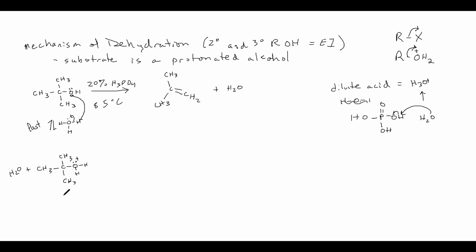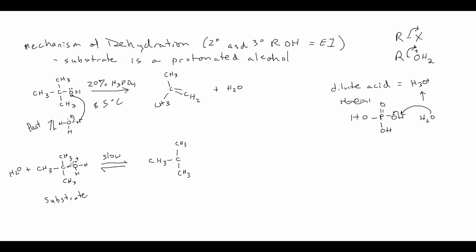Now, once we form the protonated alcohol, this is what we refer to as our substrate, right? Because now we've got something with a leaving group. This next step is slow. Okay. And what we're doing is dissociating water.